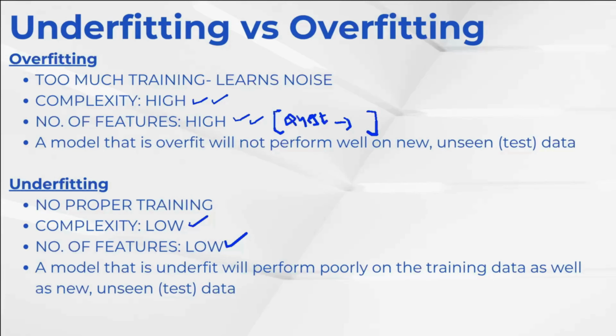So the students are exposed to only a few questions, right? They will just learn two questions and they are expecting these two questions to turn up in the main exam, which is not the case, right? So the students will fail badly on the sample test as well as on the real test. Similarly, the model will not perform well on the training data set as well as on the testing data set.